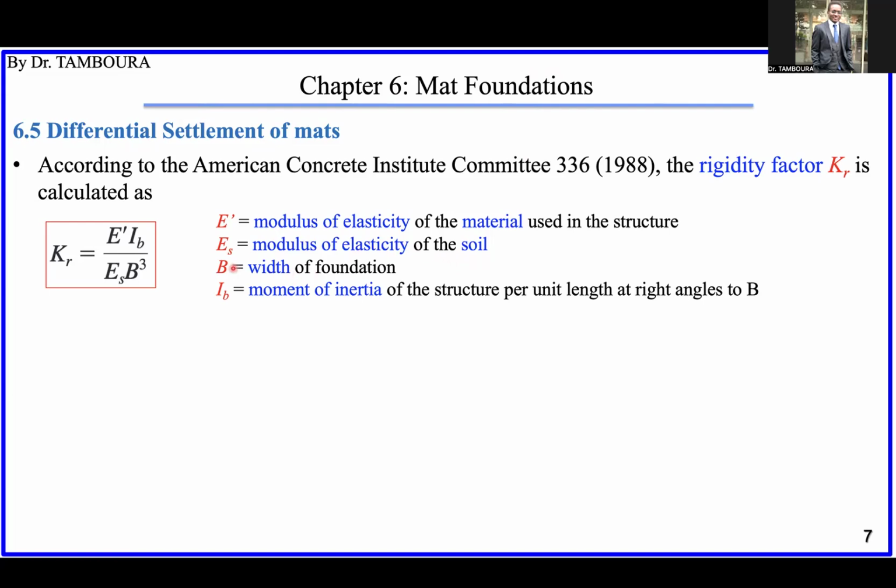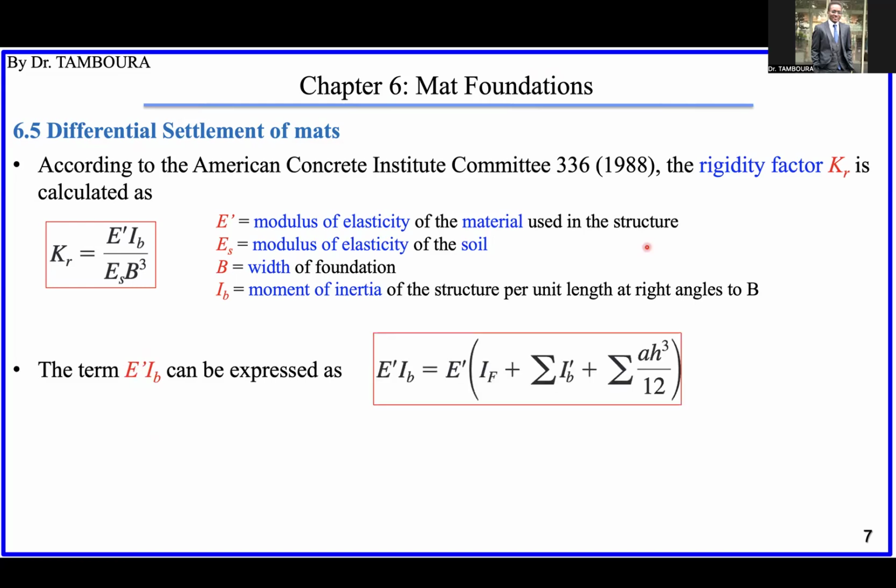And B, of course, you know, is the width of the foundation, and IB is the moment of inertia of the structure per unit length at right angle to B. Anyway, this one mainly can be expressed as this equation.